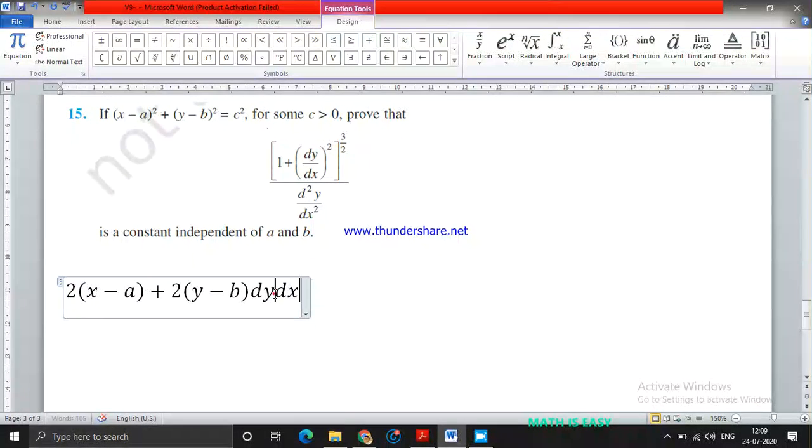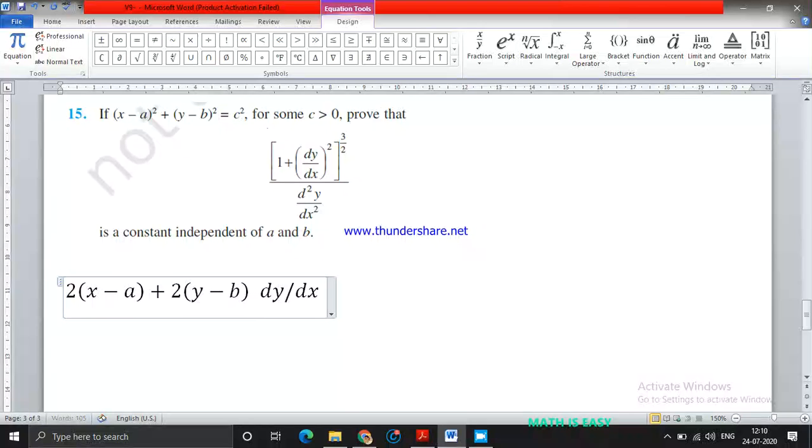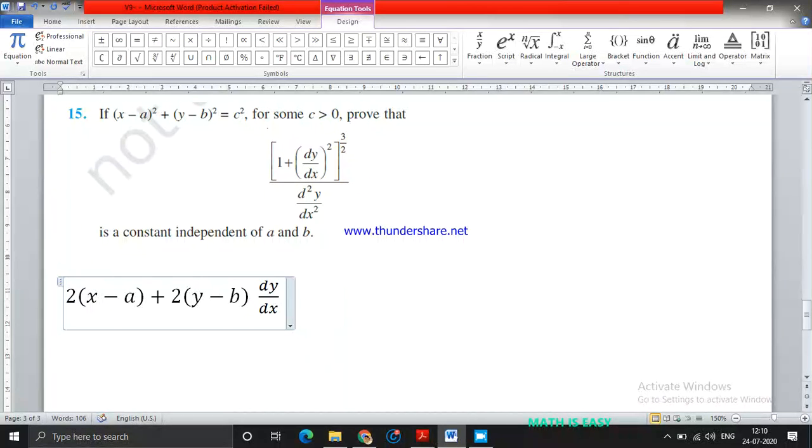Here dy by dx, and the derivative of b is 0, which is equals to the derivative of c square, which is 0 only, because c is a constant. So the first derivative I got, dy by dx.